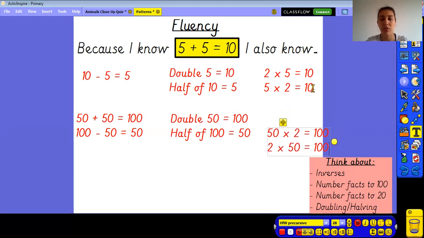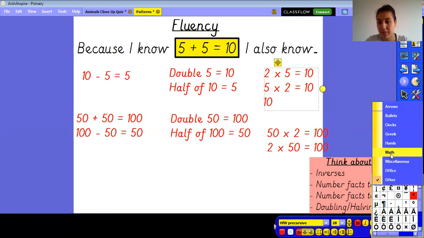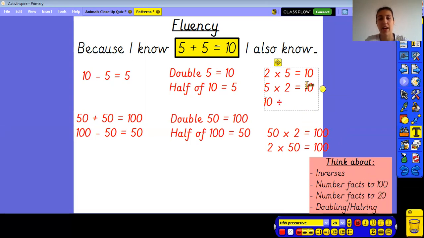Now I can also do my inverse operation here. What's the inverse of multiplication? The opposite of multiplication is divide, in which case I start with my bigger number and I could say 10 divided by 2 would give me 5, or 10 divided into groups of 5 would give me 2 groups.